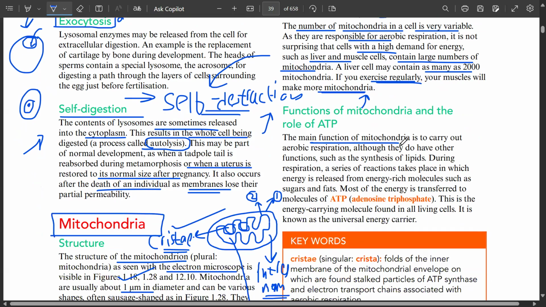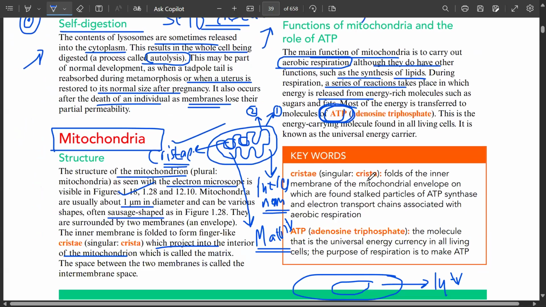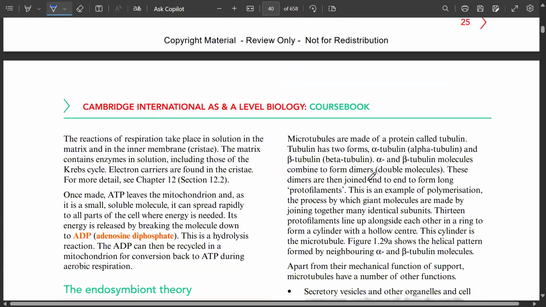Now, the main function of mitochondria is to carry out aerobic respiration. Although they do not have functions such as synthesis of lipids, during respiration a series of reactions take place in which energy is released. That energy is transferred in the form of a molecule known as adenosine triphosphate, the energy-carrying molecule in living cells.